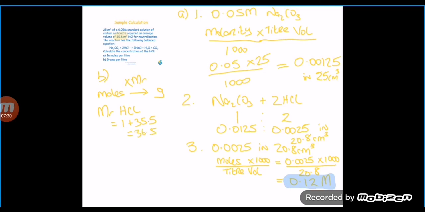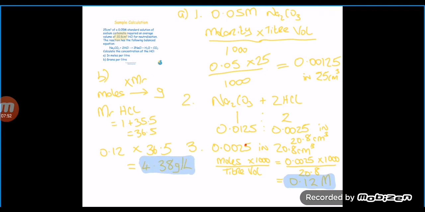So to go from moles to grams, I do 0.12 moles per litre multiplied by 36.5, and that gives me 4.38 grams per litre, and that is my answer to part B.